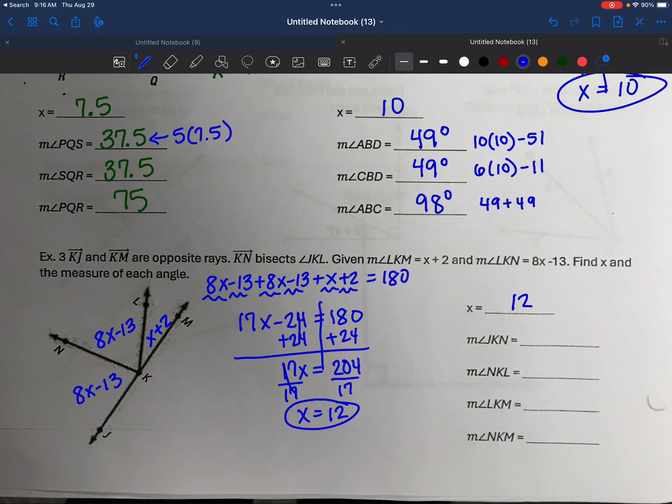Now is the easy part. We just plug 12 back in. So JKN is our first angle over here on the left. So I'm going to do 8 times what? Minus 13.